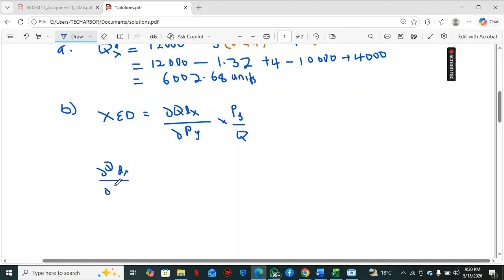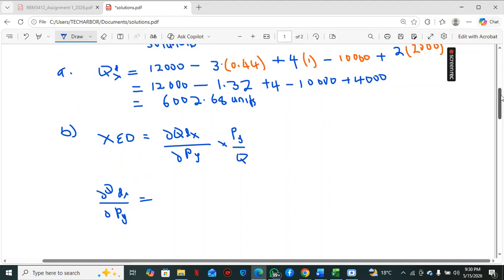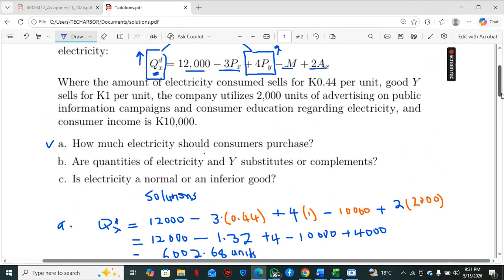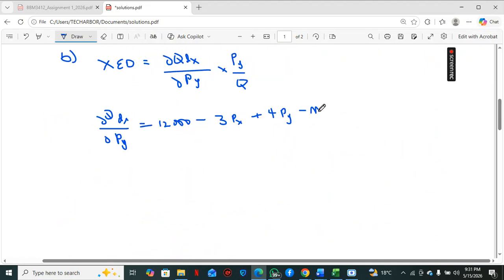Okay. So if we derive the demand function with respect to py, meaning if a term doesn't have a py, it disappears. Okay, so here, let me just put the demand function here, 12,000 minus 3px plus 4py minus m plus 2ax.